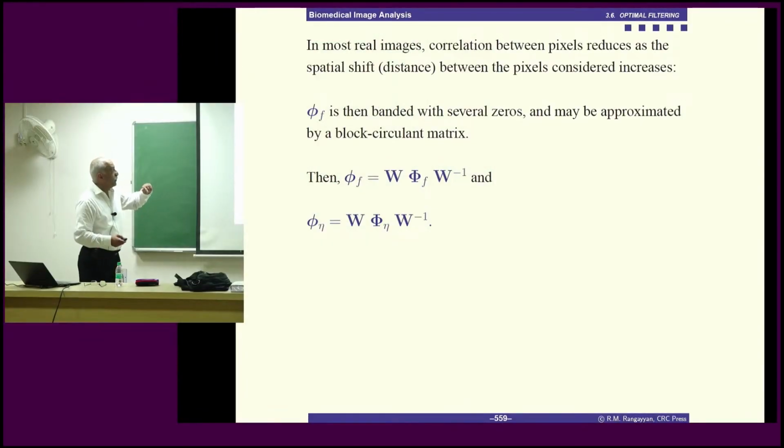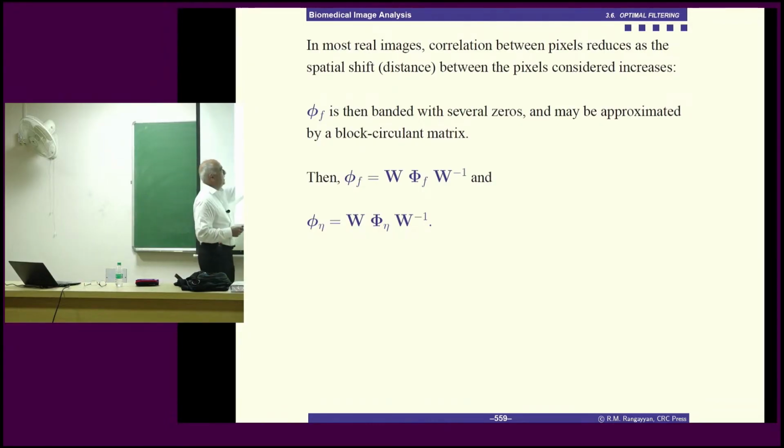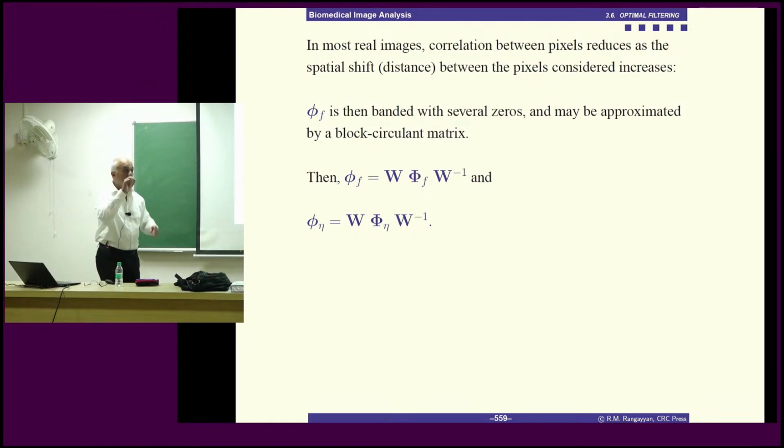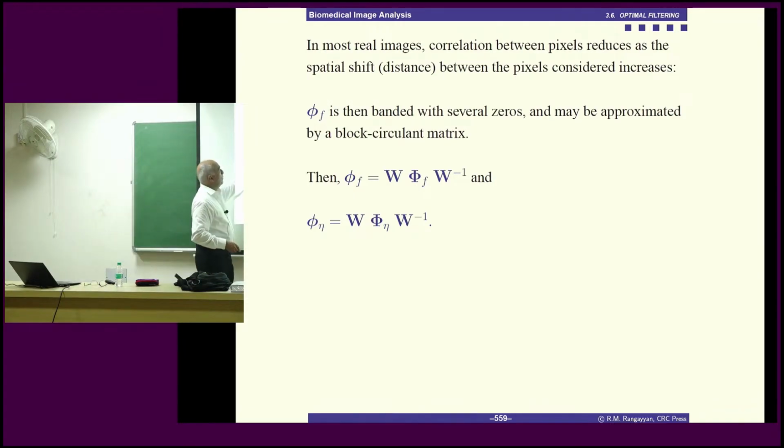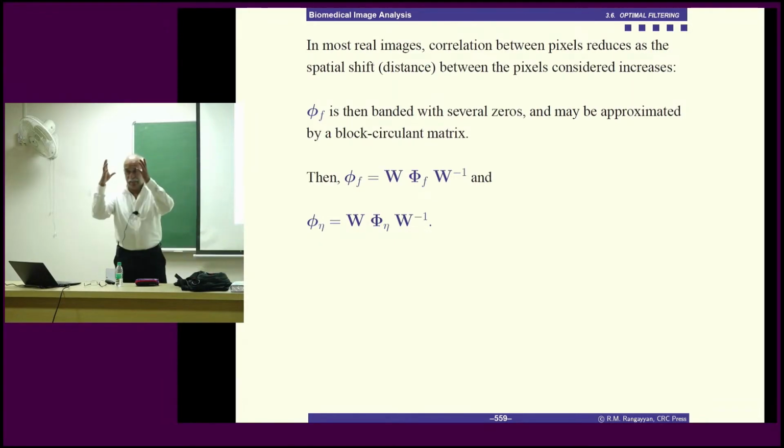So now we have simplified in the sense we have diagonal matrices. And the diagonal matrices, as we saw earlier, contain the Fourier transform coefficients of whatever it is you derive them from. Fourier transform of the autocorrelation, that is the power spectral density. Fourier transform of the autocorrelation of noise, power spectral density of noise. This is the power spectral density of the original process that generated the image, not the given image.